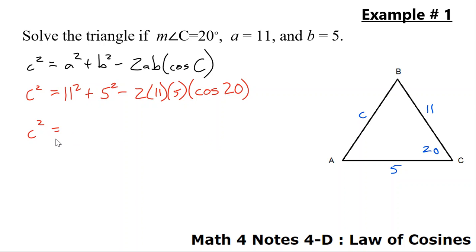So we're going to say 11 squared plus 5 squared minus 2 times 11 times 5 times cosine of 20. And that should do it.